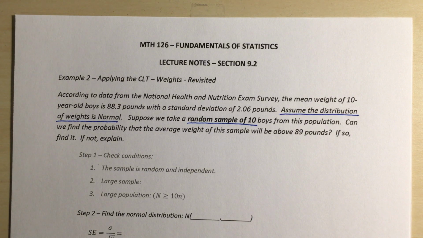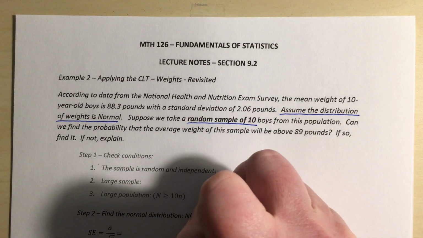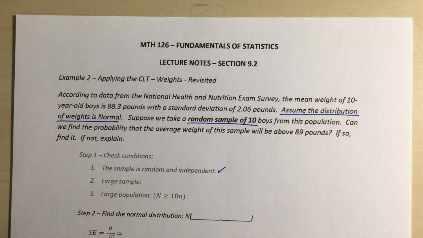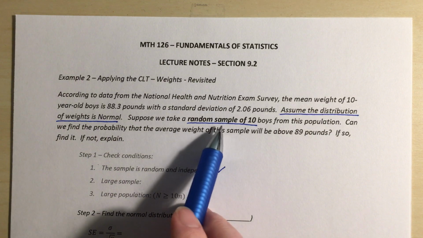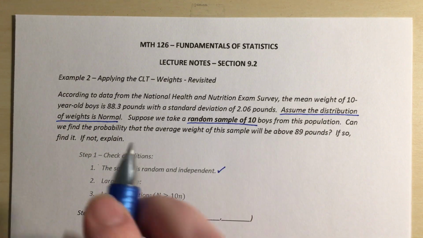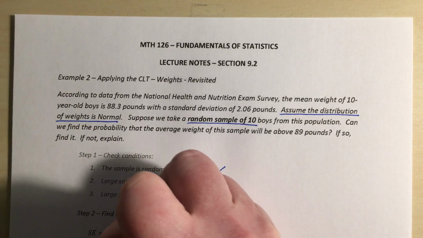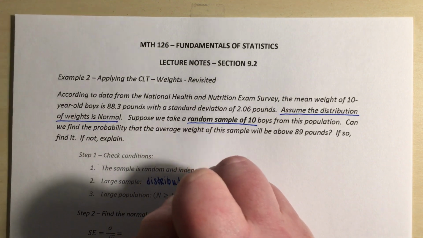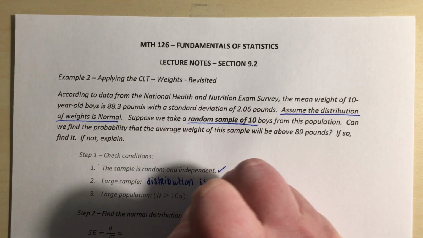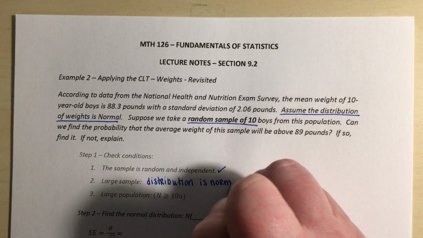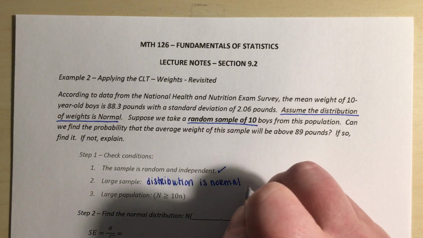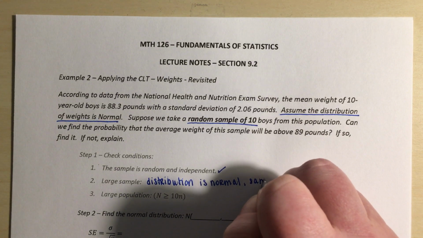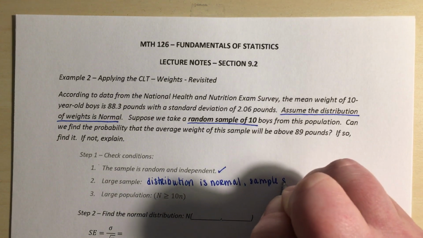So we check our conditions. Our sample is random and independent. Yes, we are going to assume that is true unless we are told otherwise. Our distribution is normal, so our sample size does not matter.